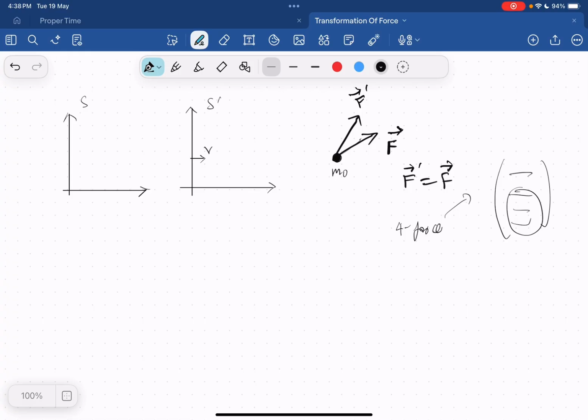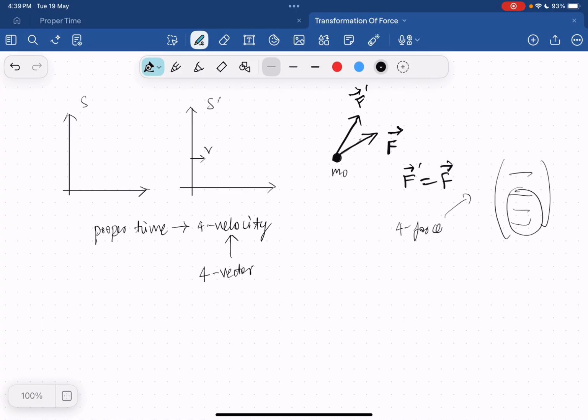So to go up to this four force, we need to understand what is proper time, then we need to understand what is four velocity. Before that, we need to understand what a general four vector is, and four velocity is a kind of four vector.